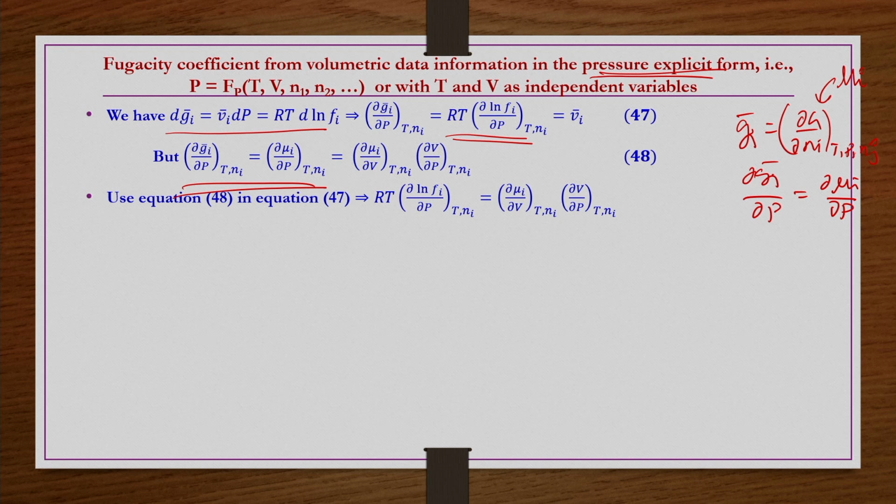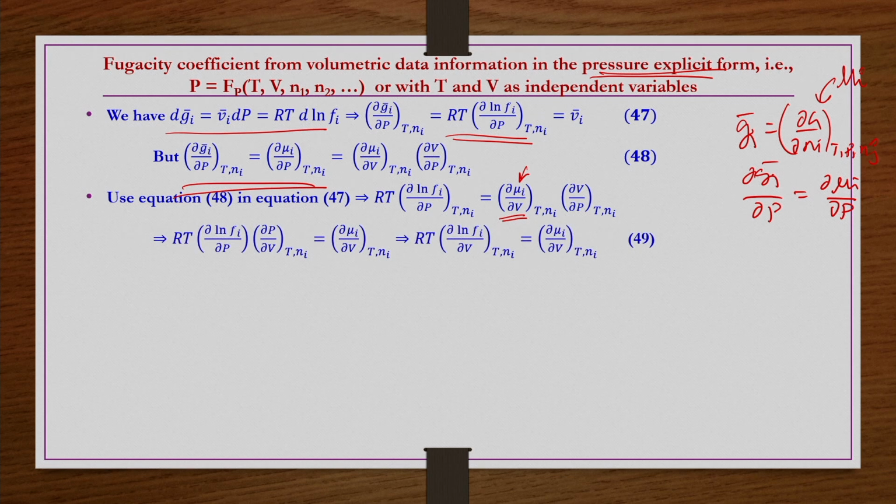But our interest is fi. What is ∂V/∂P we do not know, we can find out somehow, let us see. And then what is μi? Unless we know what is μi, we cannot move forward. So, that means we have to find out what is ∂μi/∂V now, that is what we try to do.